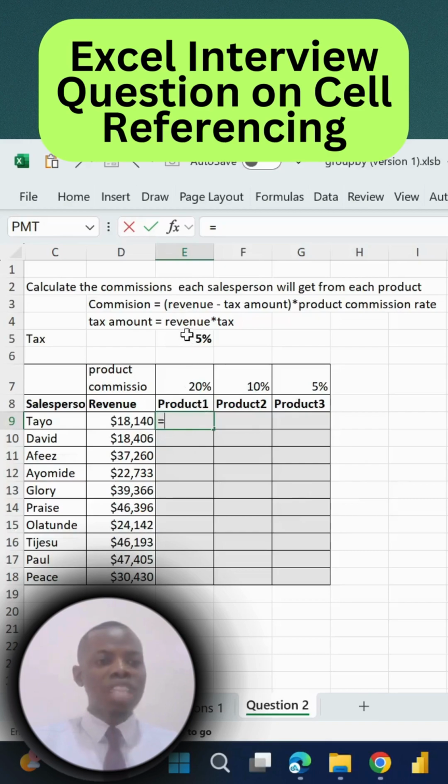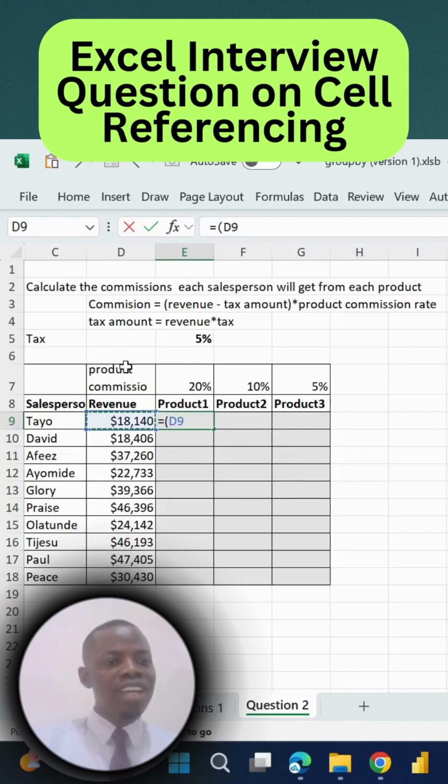Okay, so I'll start with equals, then I open my bracket, then I want to say revenue minus tax amount. Where is our revenue? This is our revenue. So let's say I want to calculate for Tayo, the first person. Then I pick D9. But because I want to use this formula for all the entire products and rows, I need to do something.